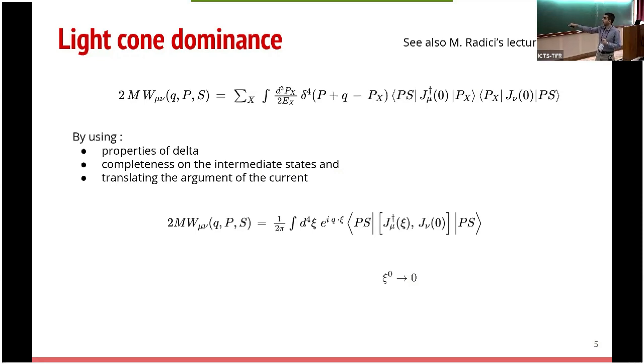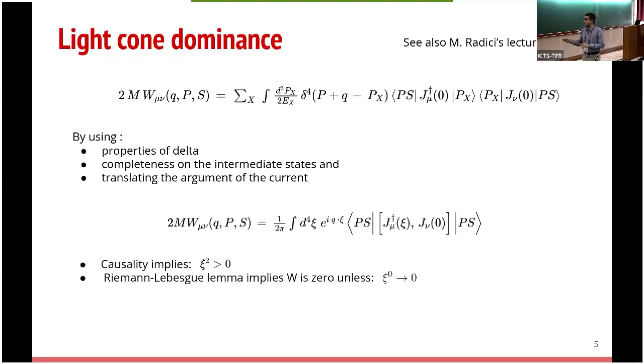You can build a commutator of the two currents. Causality implies that this commutator is non-zero only when ψ² is larger than 0, so when you are inside the light cone. You cannot causally connect two points that are, let's say, at the origin and outside of the light cone.